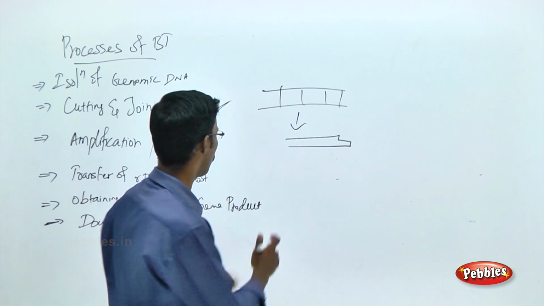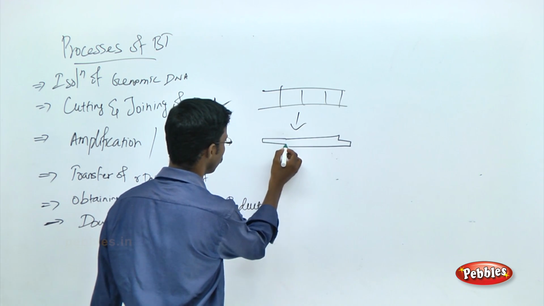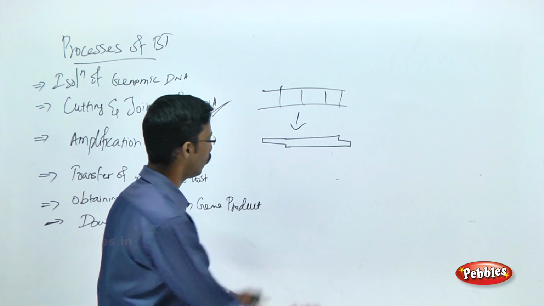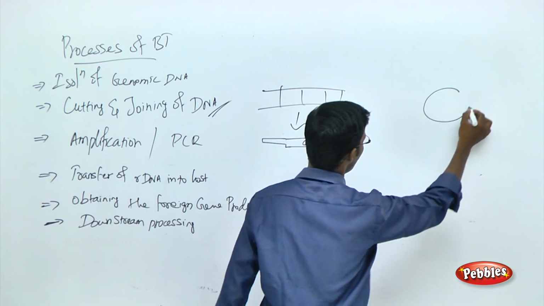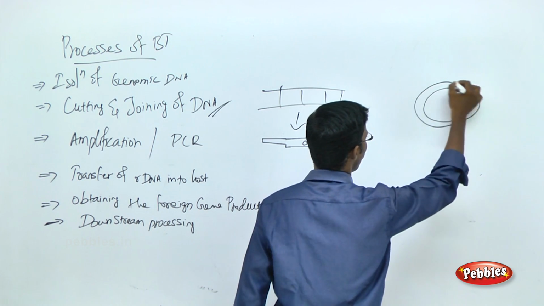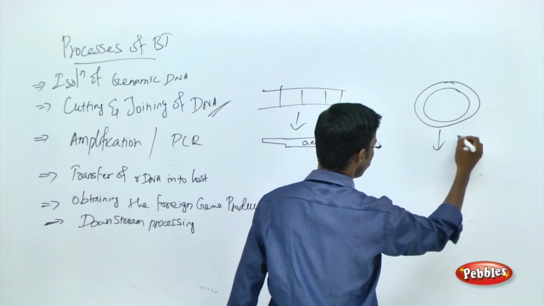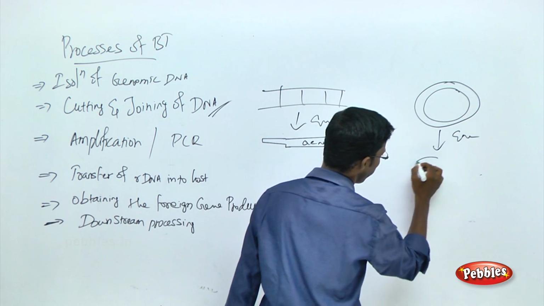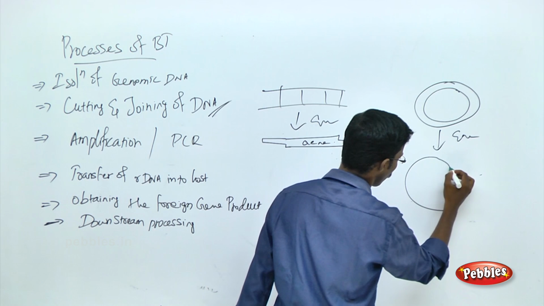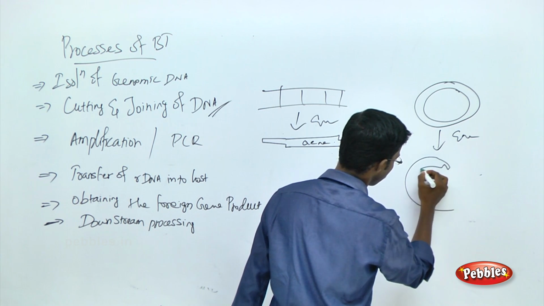It should be complementary to each other, it should be sticky like this. This is your gene of interest, and at the same time you have isolated your plasmid molecule, and you digest the plasmid with the same enzyme, so that the plasmid also produces the protruding ends like this.